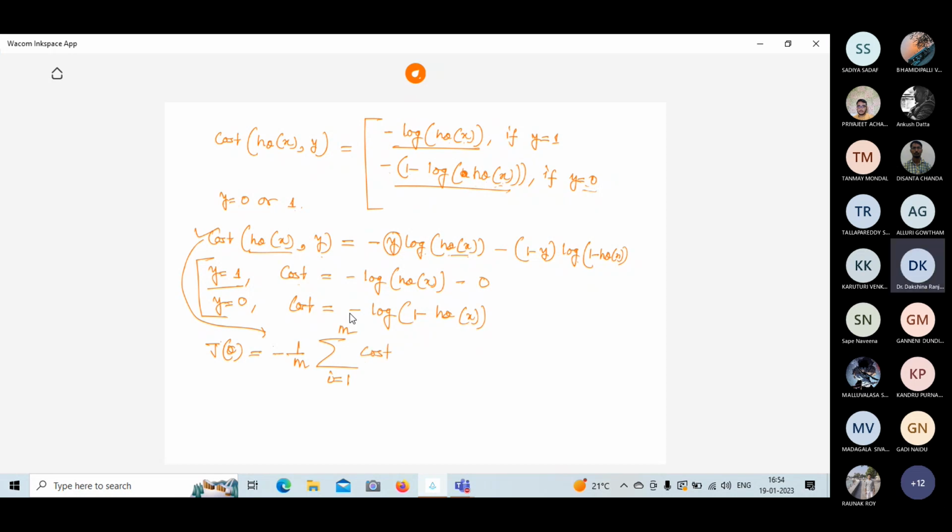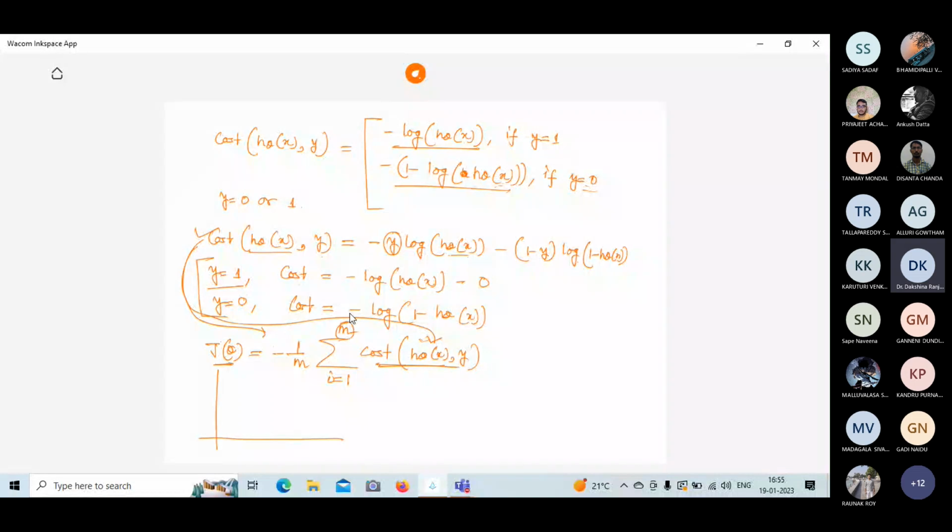Here we will write the cost function of h theta x comma y, and then you will get the summation over this cost function for m number of training examples. So this will give us the J theta.